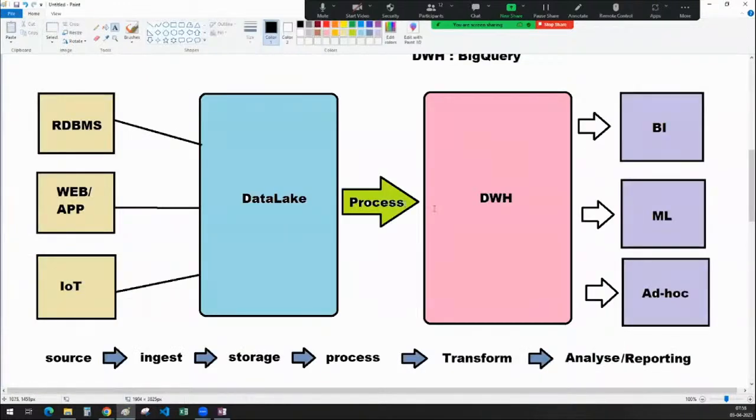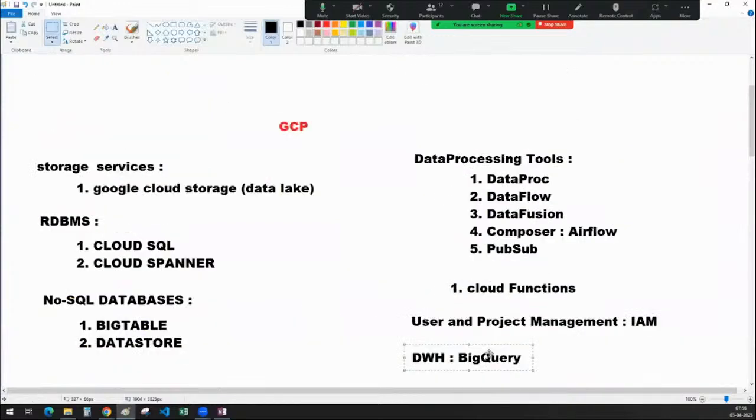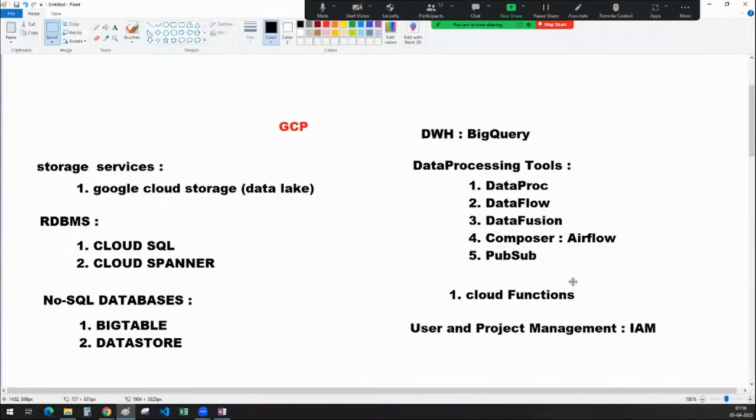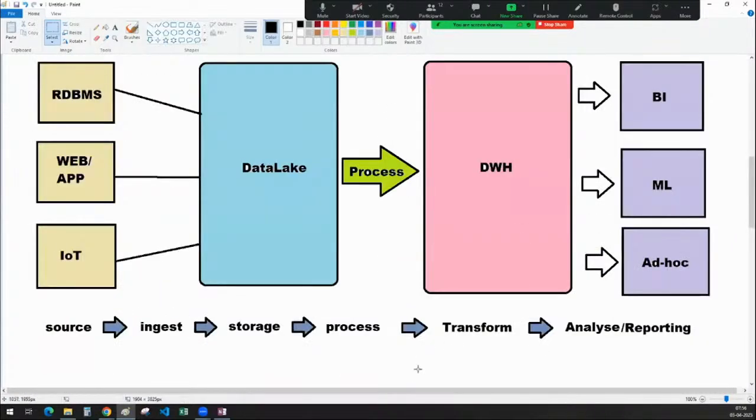BigQuery is a modern data warehouse. It is acting as the data warehouse in GCP. So this is also one more important thing that I actually forgot to mention earlier. This is a very important tool comparatively. So this is all about the data warehouse.